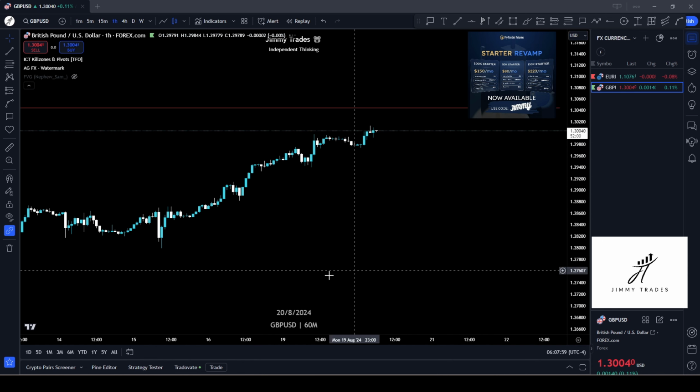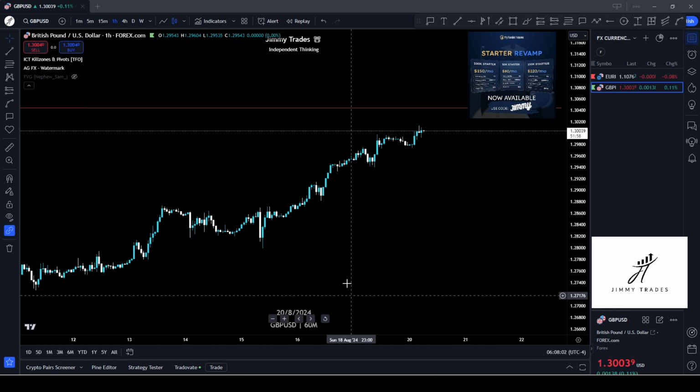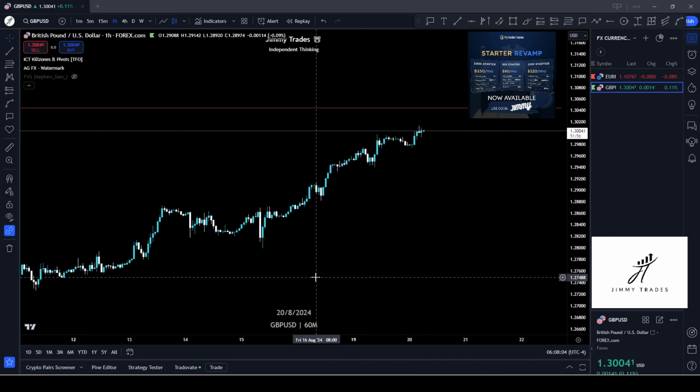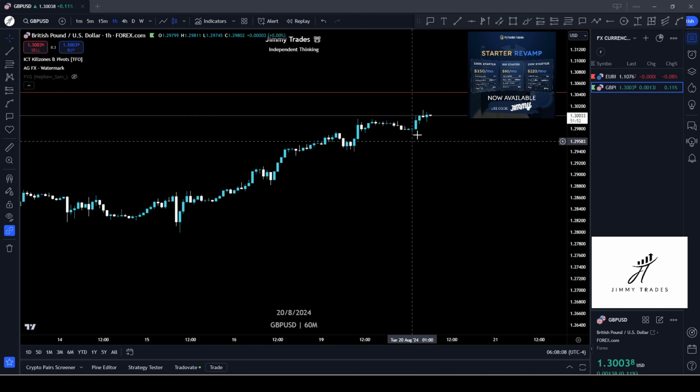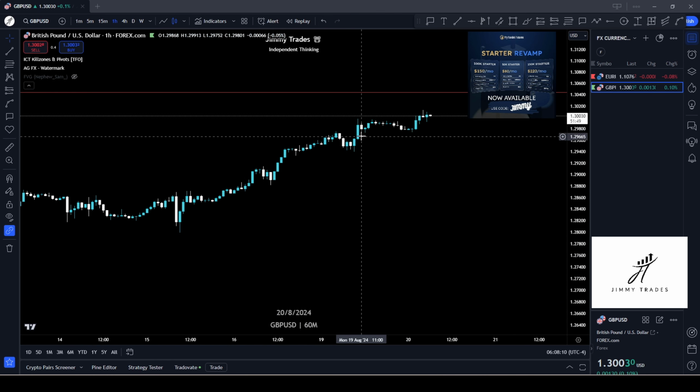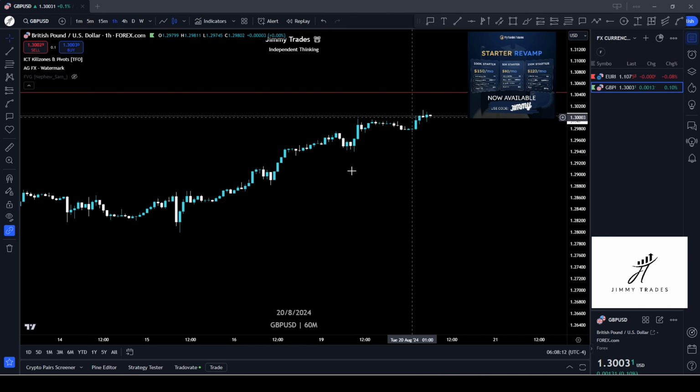And dropping down to the hourly, we can see the same thing, just bullish price action, respecting bullish PD arrays. Every time we've come down into an FVG, we've bounced.